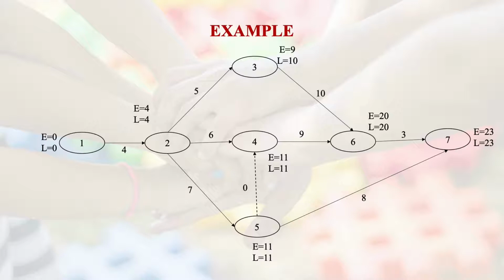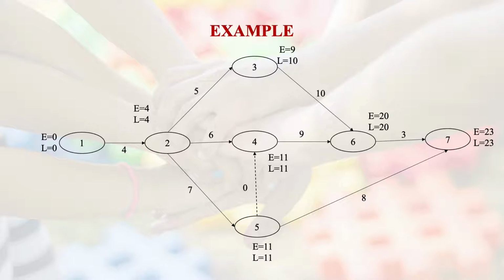The E of event 2 happens to be 4, because E of event 1 was 0, so 0 plus 4, which is the activity time, takes us to the earliest occurrence time of event 2. Events do occur, they don't start, right? So this event occurs at the earliest time of 4 units.